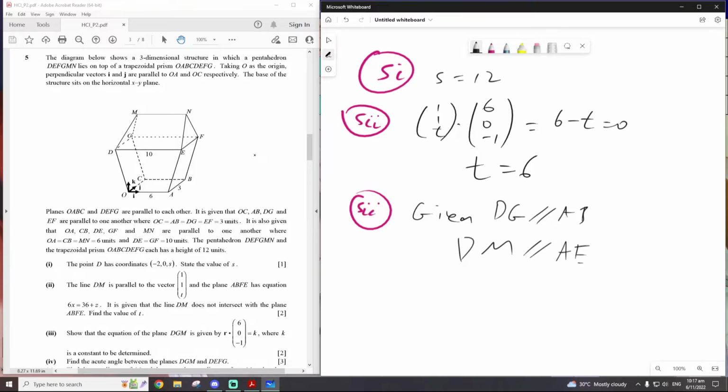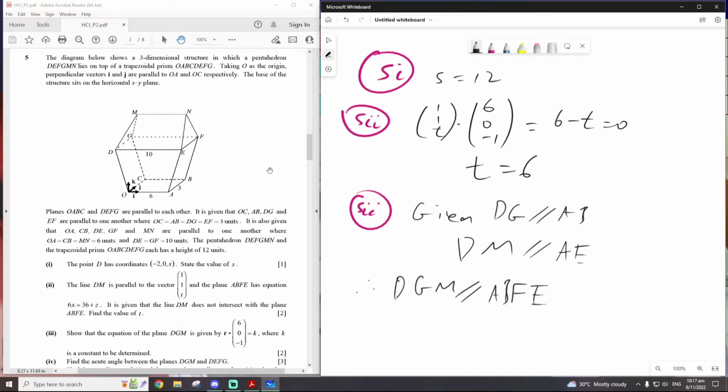You can read the question and it will actually tell you all this. So therefore, you can specify a plane using two vectors, like you know how two non-parallel vectors always specify a plane? Yeah, you can go on to explain that, and you will arrive at the fact that the plane DGM is parallel to ABFE.